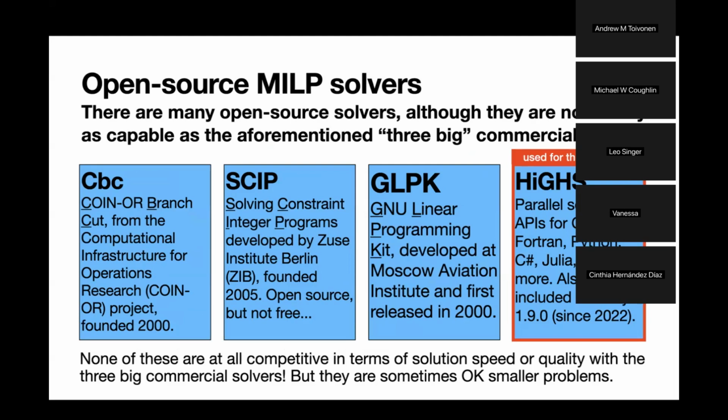We're going to use HiGHS for the rest of this talk because this is a solver that has a really nice first-party Python interface, and also has an interface that's been built into SciPy since 2022.